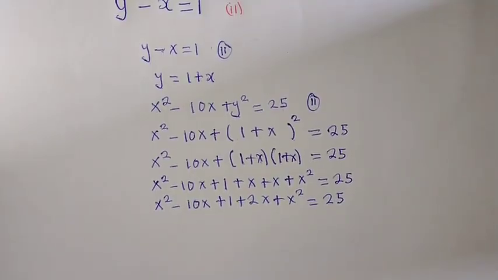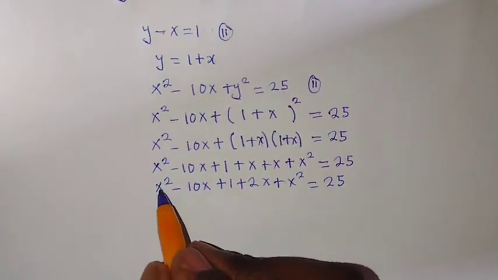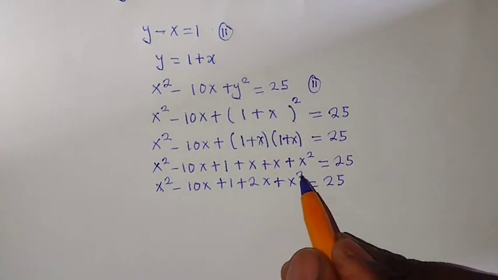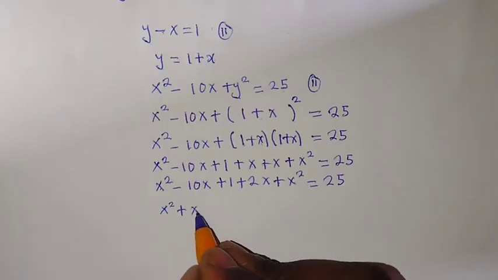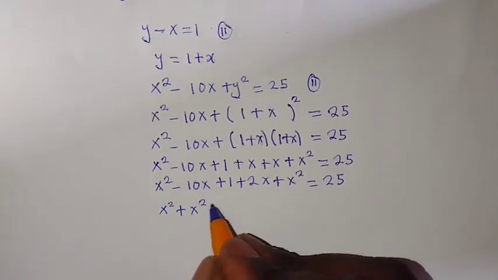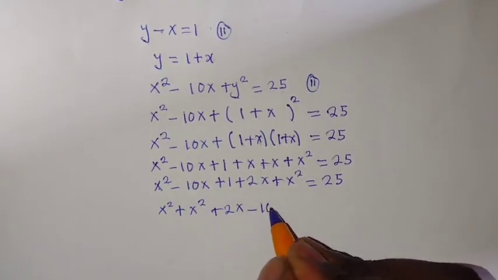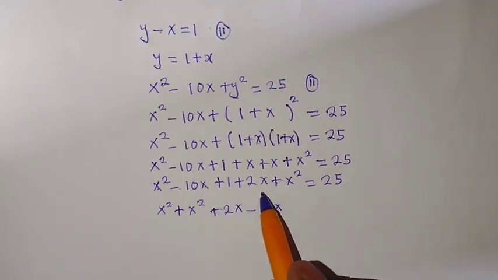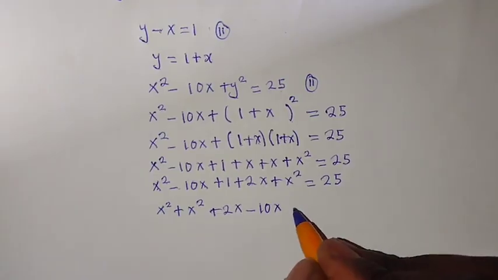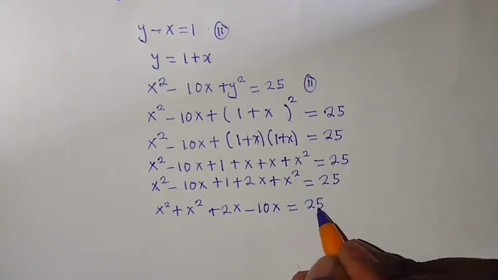Then from this stage, we can try to group the like terms. So x squared plus x squared, then we can write plus 2x minus 10x. These minus 10x and 2x are like terms. Then we say equal to 25.